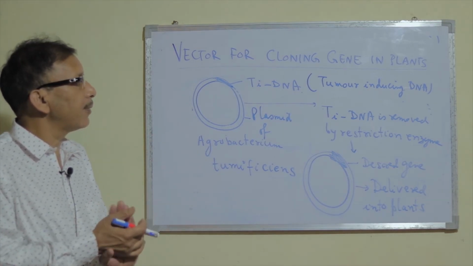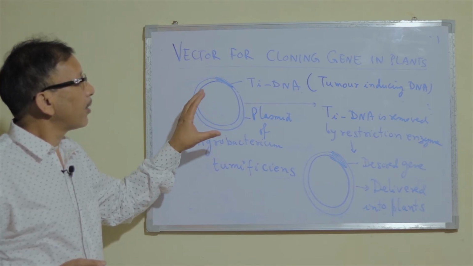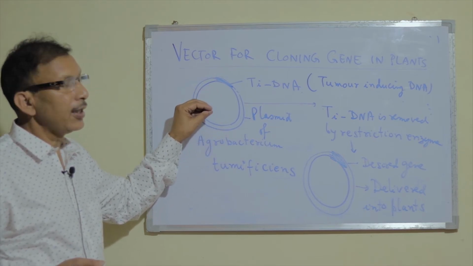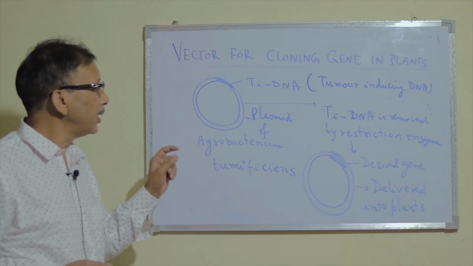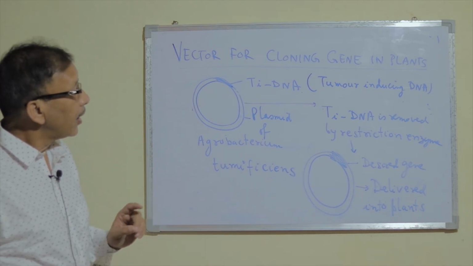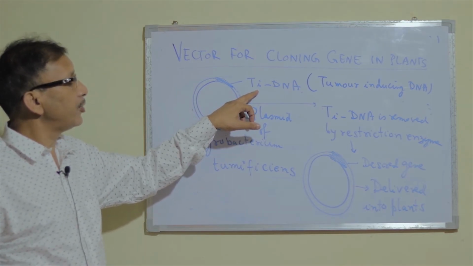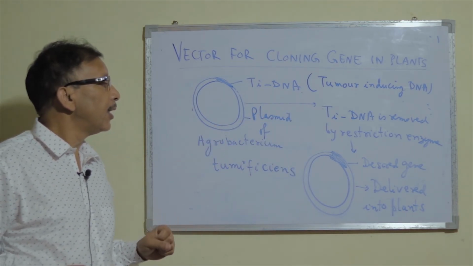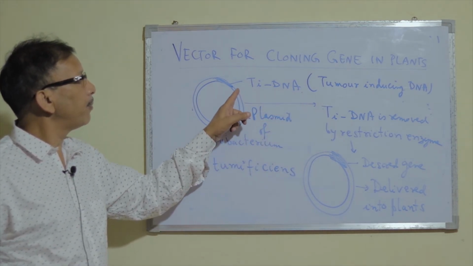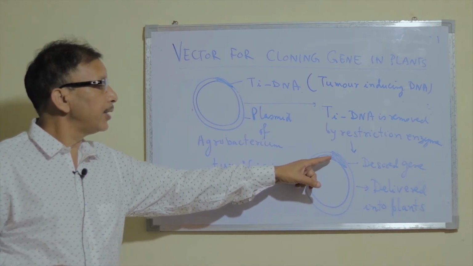So the scientists, what they have done, they have modified the tumor-inducing DNA of the plasmid of Agrobacterium tumefaciens. They removed the tumor-inducing DNA, or the TI DNA, by the restriction enzyme, and in place of that they have cloned the desired gene.